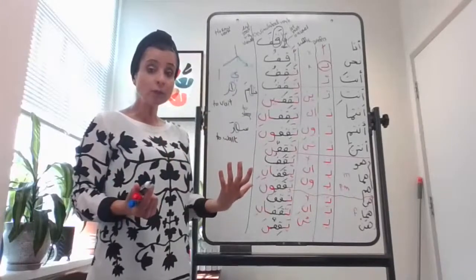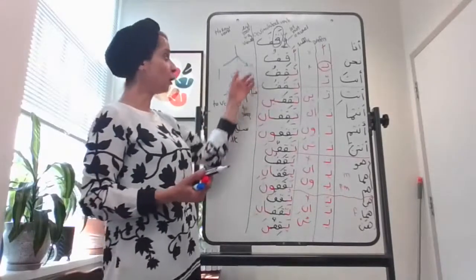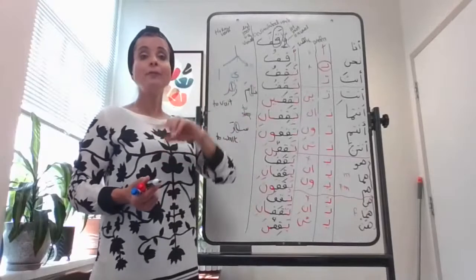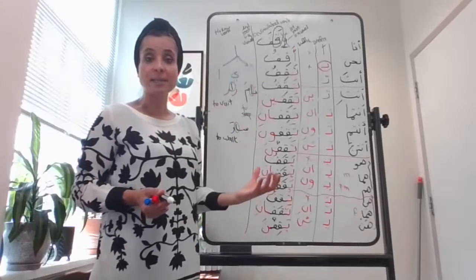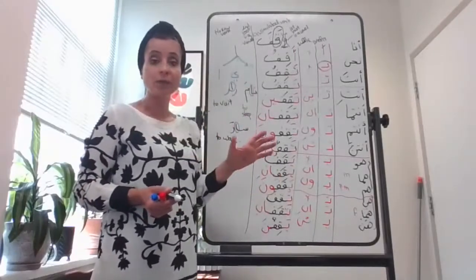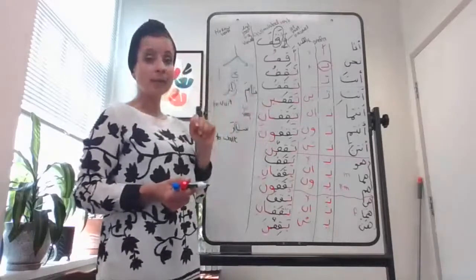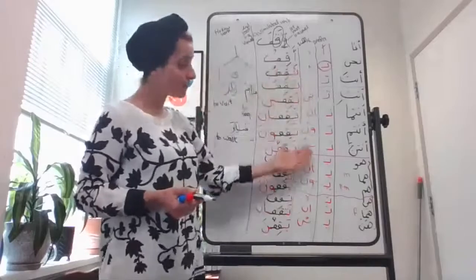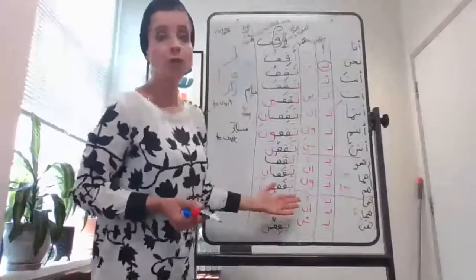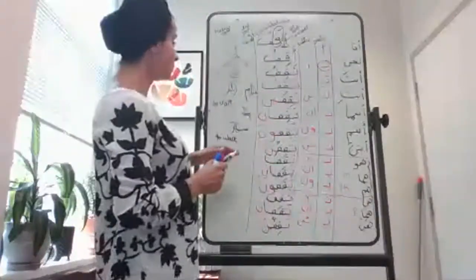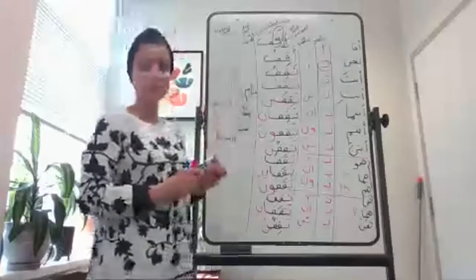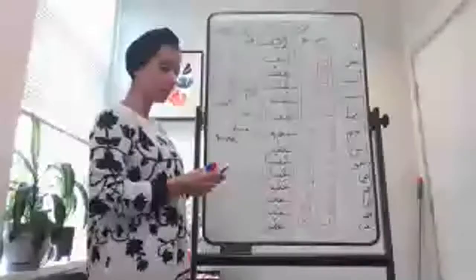So whenever we do the present tense for a hollow verb, we have to turn the alif to the original sound before we do anything. What is the original sound of the alif? For example, if you have nama, before you start adding prefixes and suffixes, you need to know the original sound. Let's see, conjugating these three verbs into the present tense.